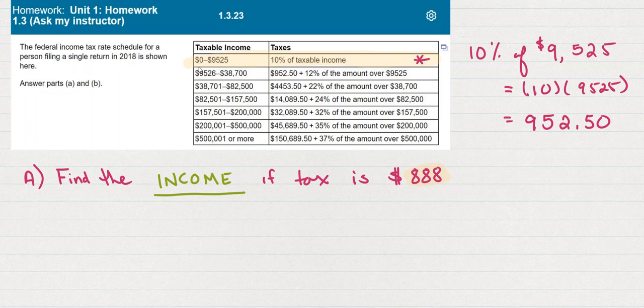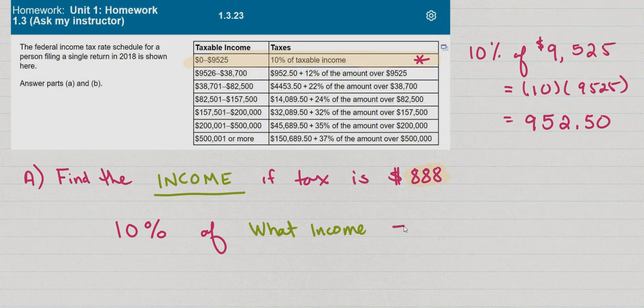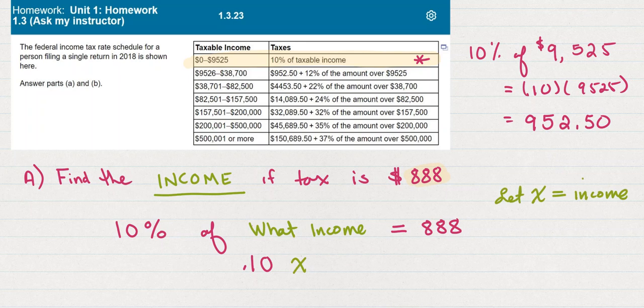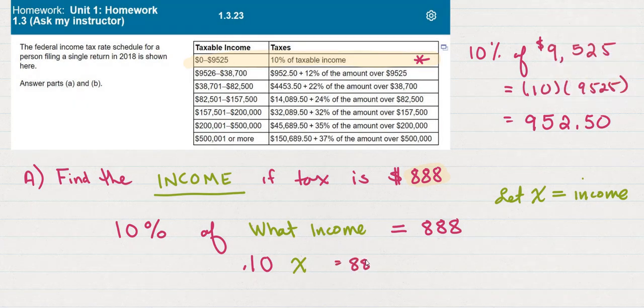So this 888 is going to fall into this row. And what we're going to do is say 10% of the income. Let me keep this color coded. So 10% of what income equals $888. So it's like 0.10x, if x is that income. 10% of x, 0.10 times x, is equal to 888.